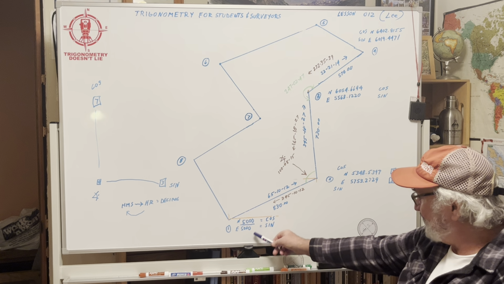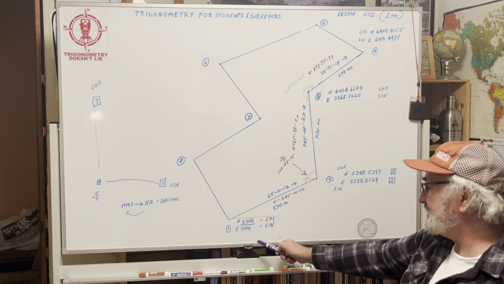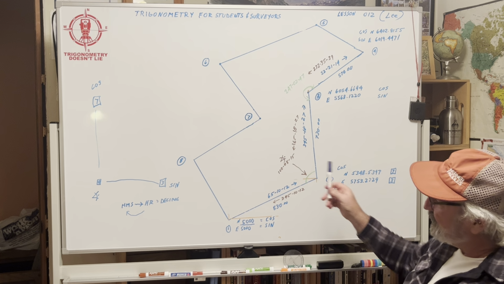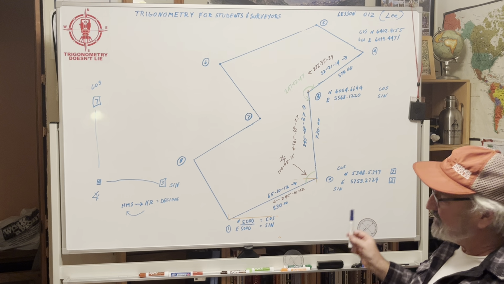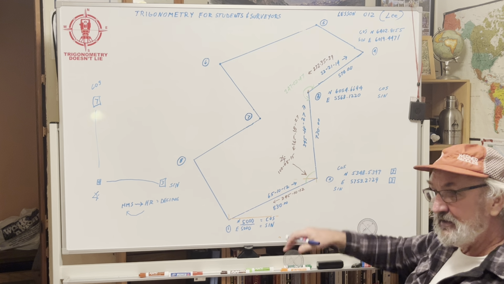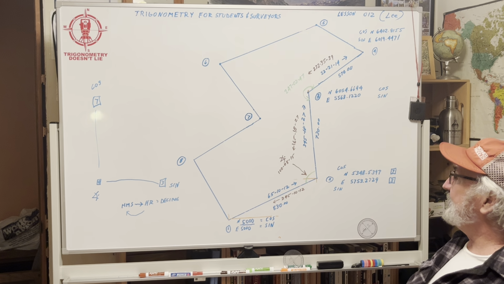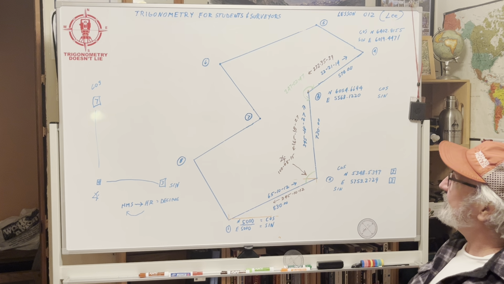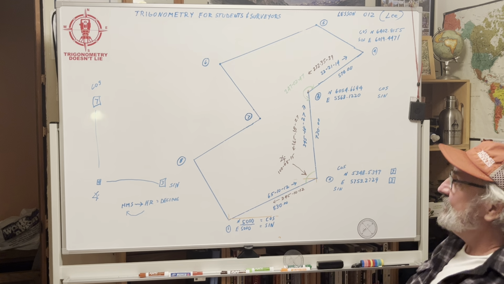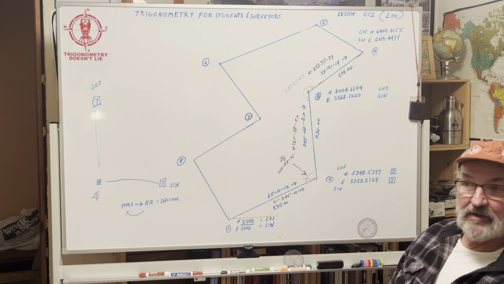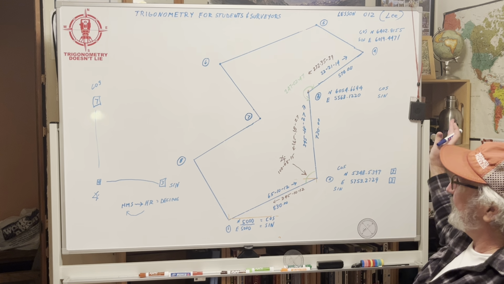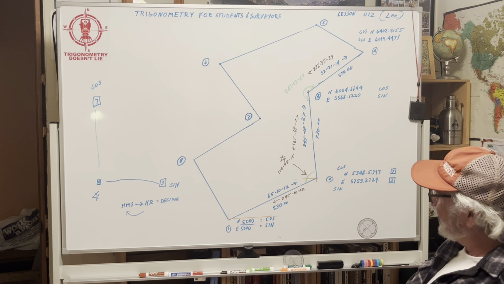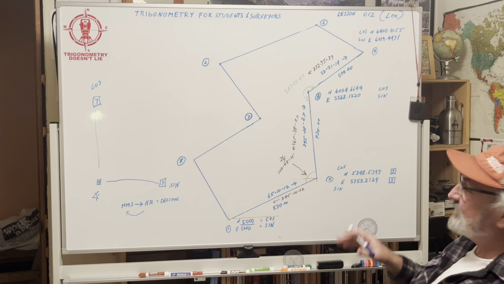It doesn't matter what you call it: 5,000, 500, 10,000. A section is a mile, 5,280 feet, so if you're afraid of going over that, 6,000, 6,000 will work. It's all relative to each other.